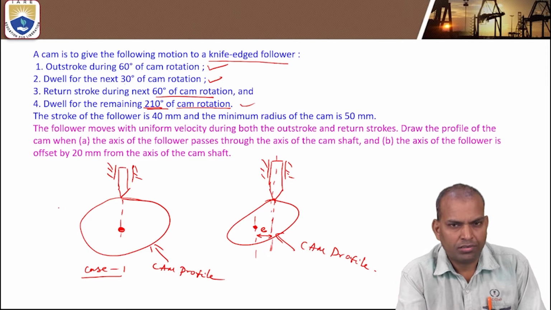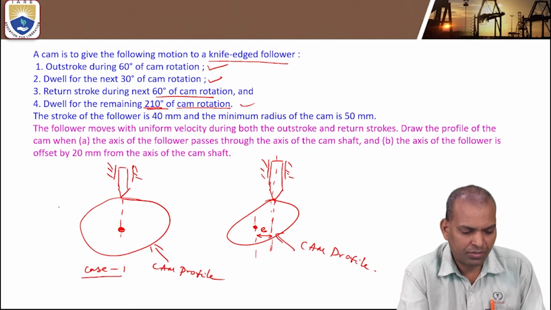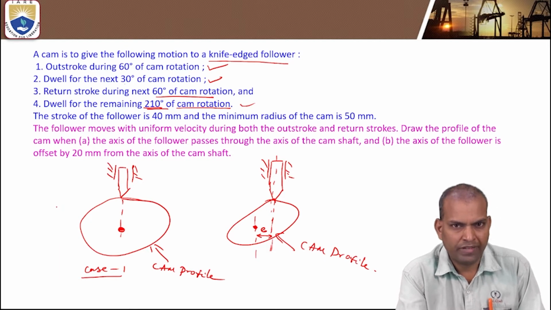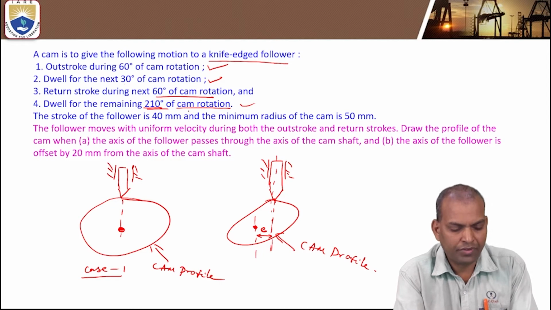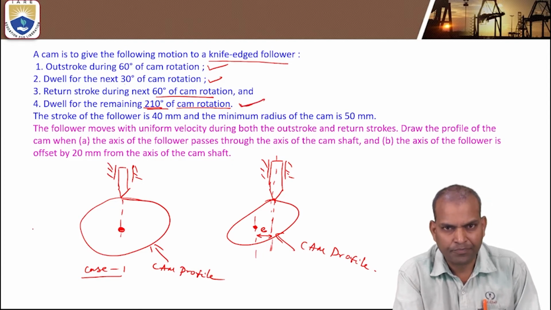Here the outstroke and return stroke are equal, that is 60 degrees of cam rotation, but the dwell during outstroke is 30 degrees and the final dwell is the remaining angle, that is 210 degrees of cam rotation. The dwell is very high.